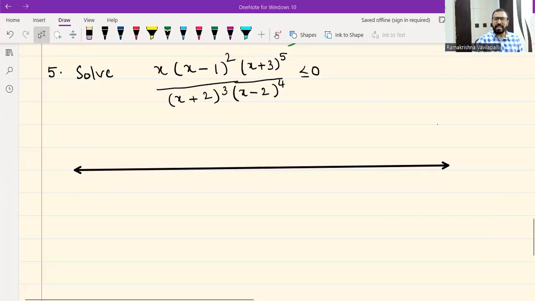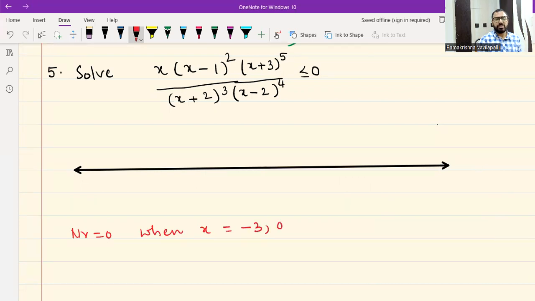So here I have taken a rational expression. Here you see, for what values of x is this expression less than or equal to 0. Well, here the numerator equals 0 when x equals minus 3, 0 and 1, when each factor is 0.